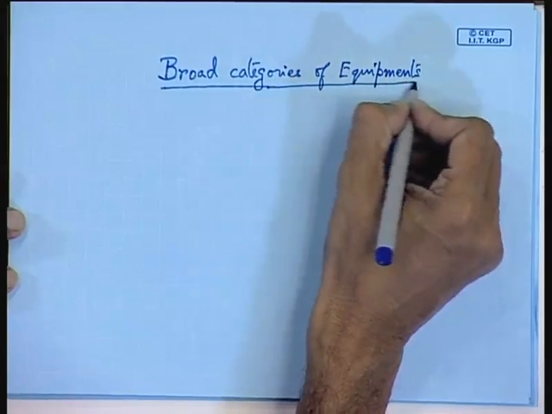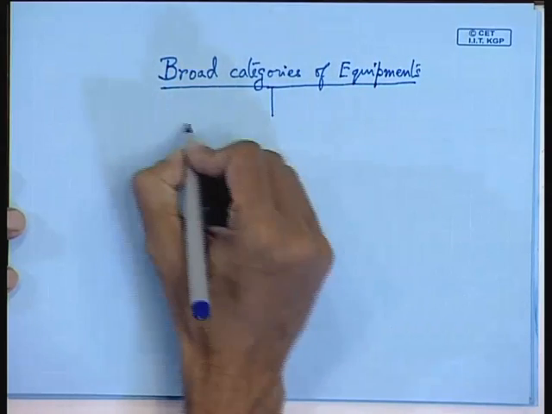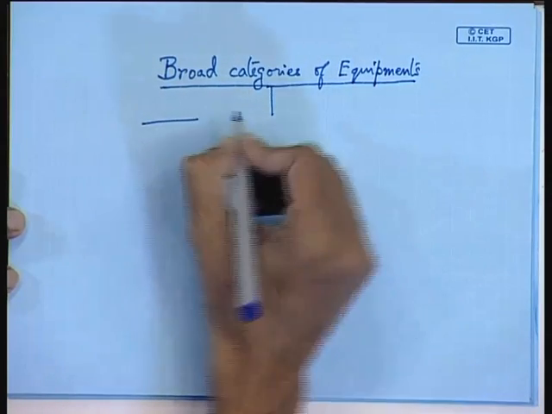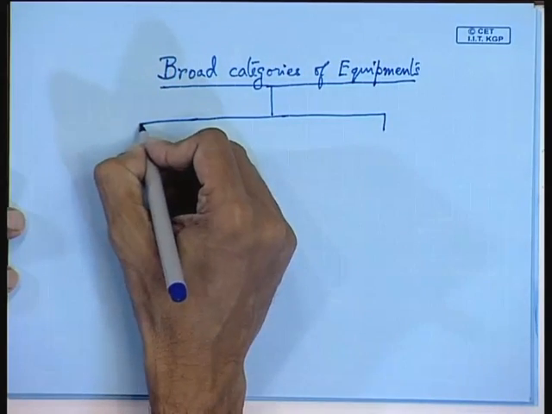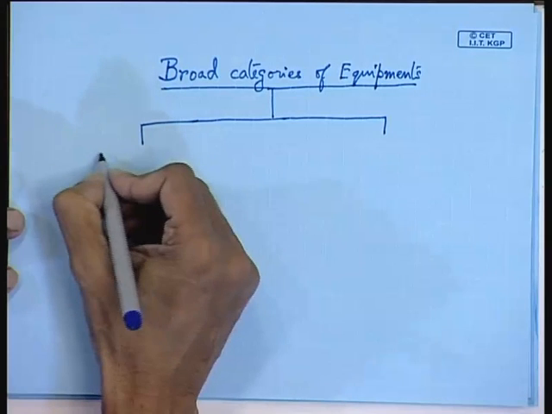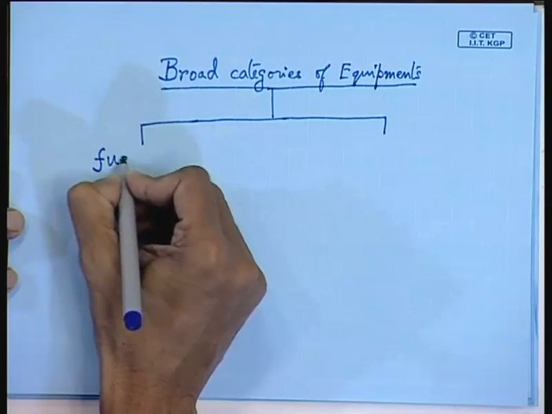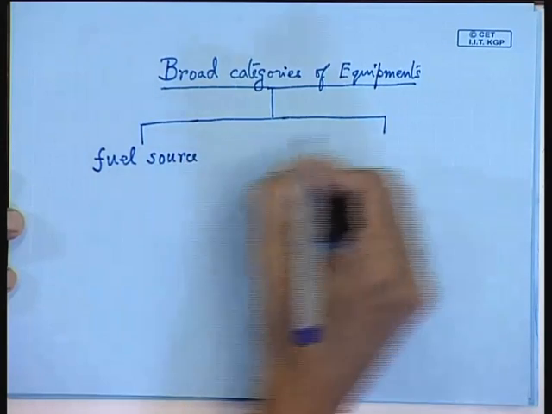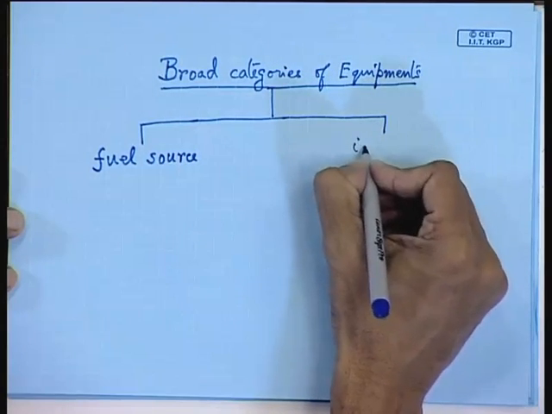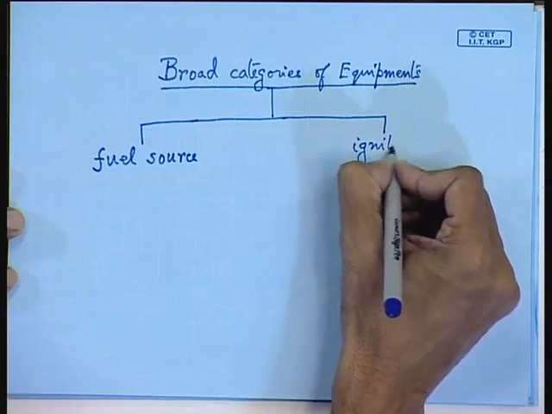So, what are these broad categories? Now, you segregate equipments into two broad categories. So, the first one is you write fuel source. And the other one you write as ignition source.